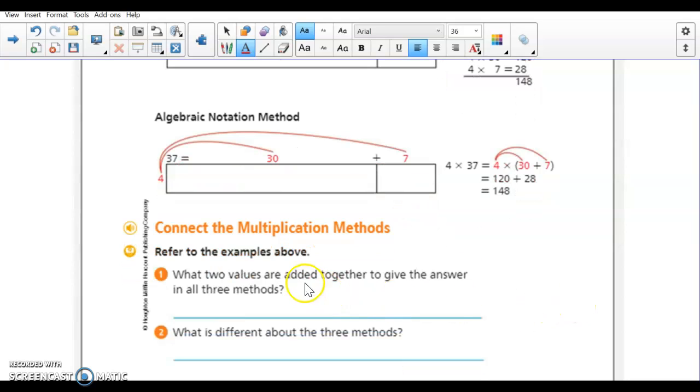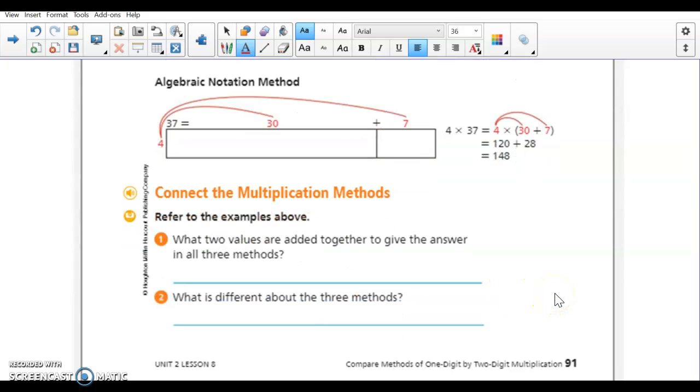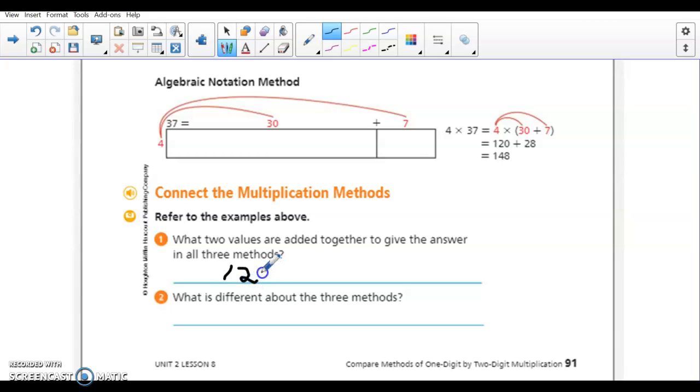What were the two values that were added together to give the answer in all three methods? The values that we added specifically were 120 plus 28.